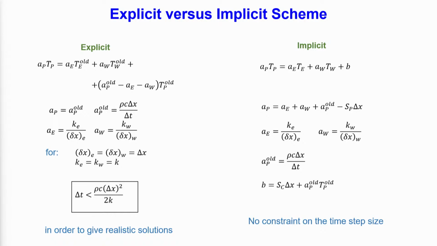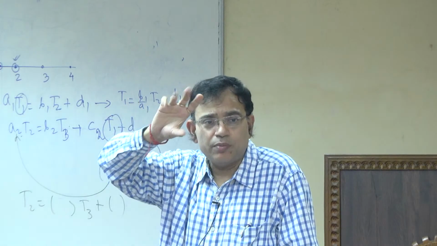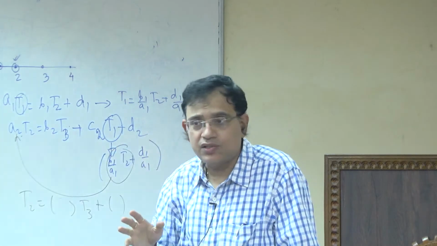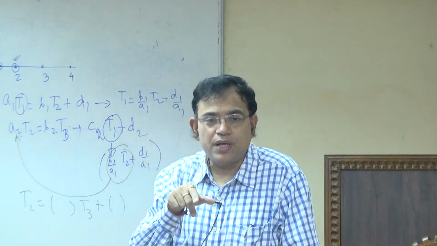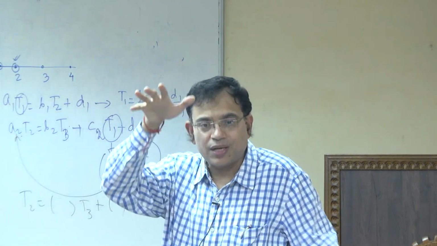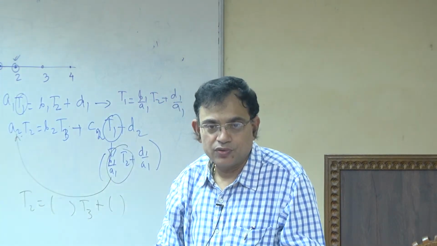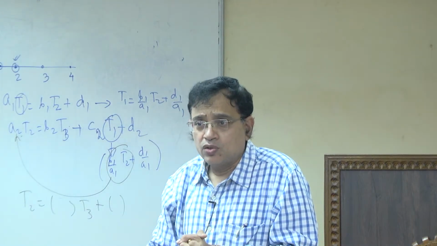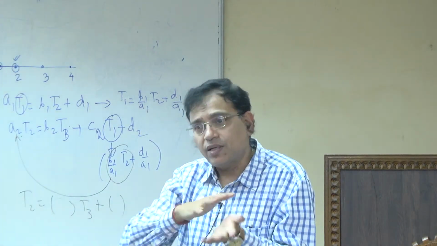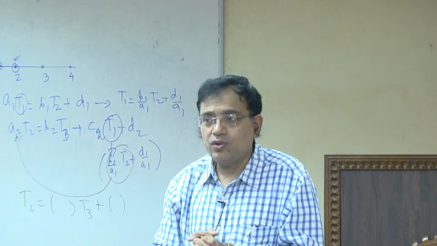So, the implicit scheme will not have any constraint on the time step. You can choose any time step, it may not be accurate, but it will give you physically realistic results. The cost that you have to pay is that now you have to solve a system of coupled algebraic equations, which is the matrix solver. So, again this is the lesson of life, you gain something and you lose something. So, you have to decide.